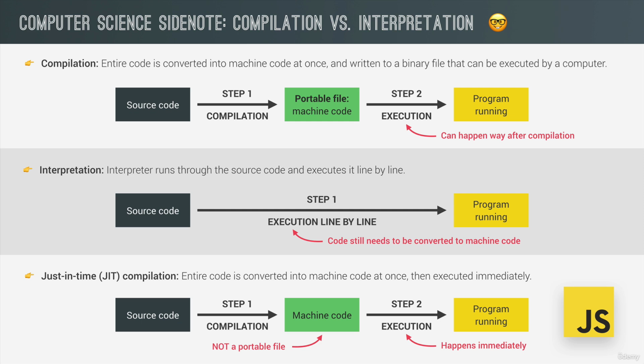And this is perfect for JavaScript, as it's really a lot faster than just executing code line by line. Now, I skimmed over some details here, but this is really all you need to know. Anyway, let's now understand how this works in the particular case of JavaScript.